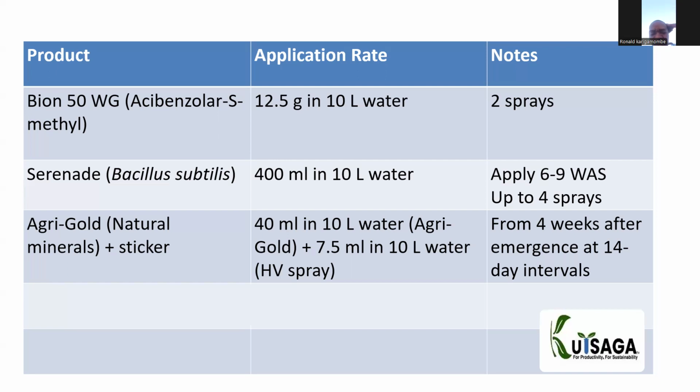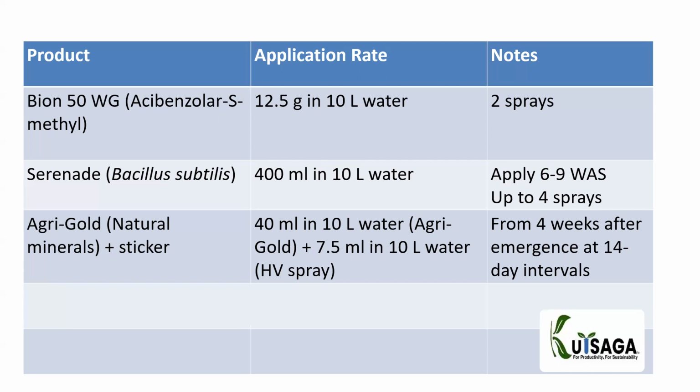Lastly, the product that also recently registered is called AgriGold, and this is a mixture of natural minerals with a sticker. For the natural mineral, we recommend 40 mils in 10 liters of water. For the sticker, 7.5 mils in 10 liters of water.